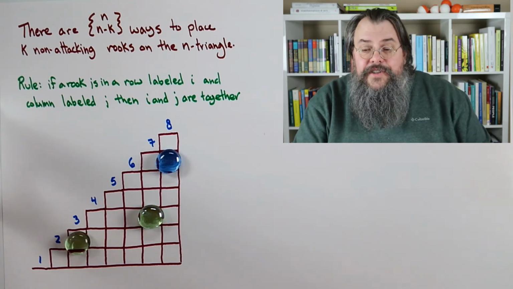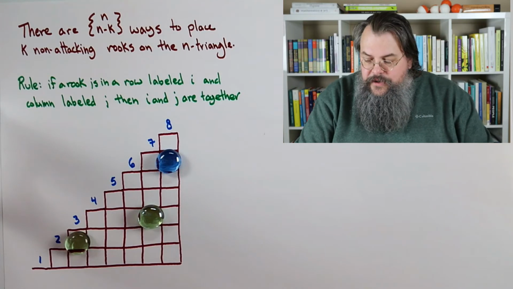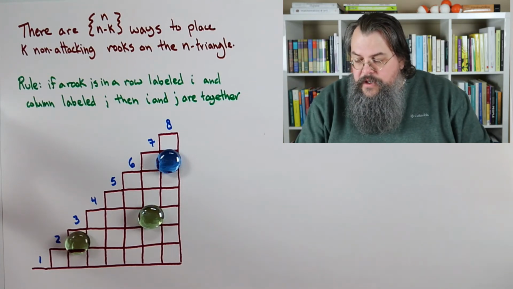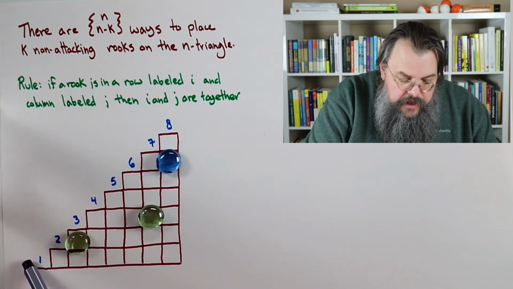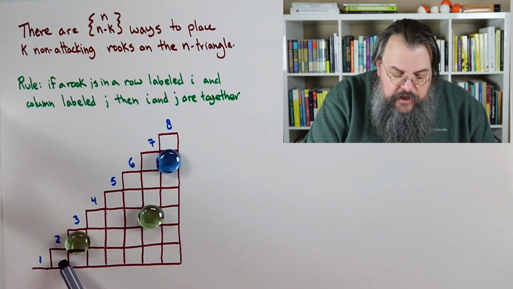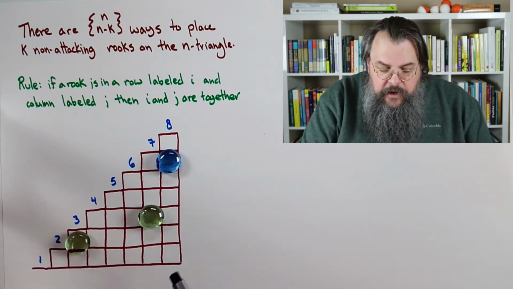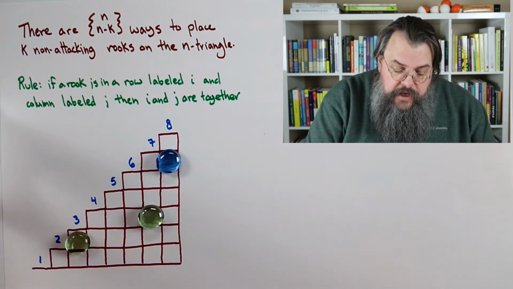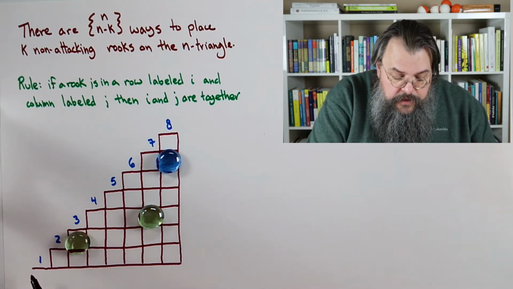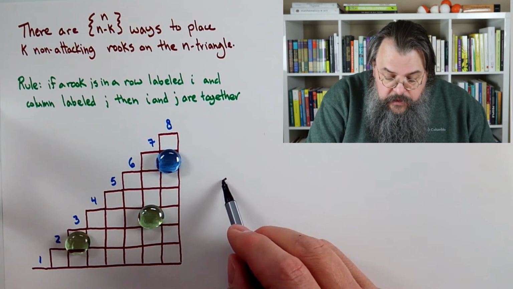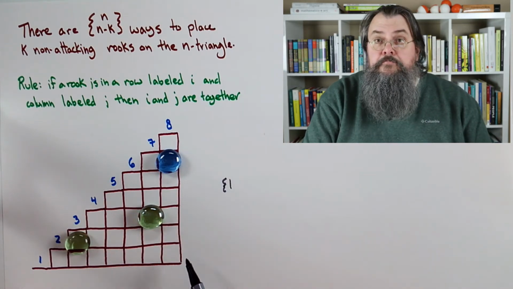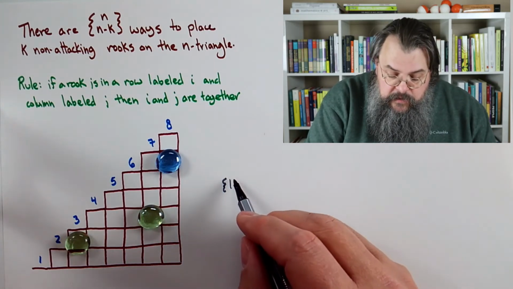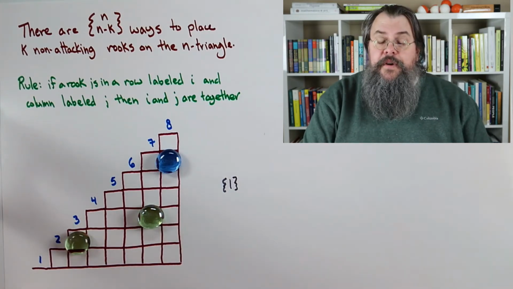Now, here's how you can find your sets. What you do is you just start at 1 and you go until either you hit a rook or you exit. If you exit, then you're done. So here we're starting at 1, and we exit. That says we're done with that group.